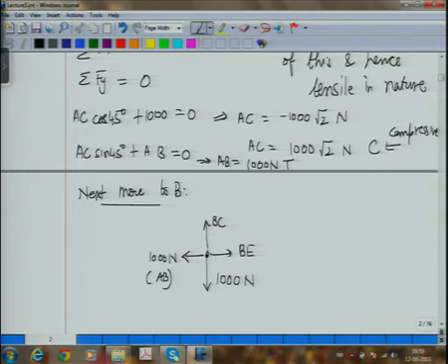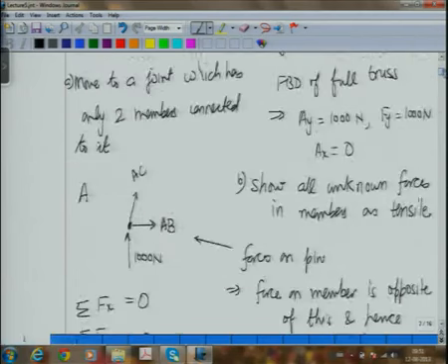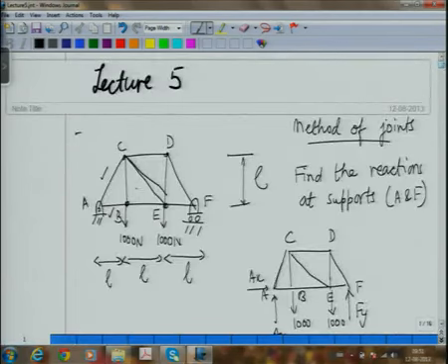And it is very clear what we have is BC is equal to 1000 newtons and similarly BE is also equal to 1000 newtons, and both these forces being positive are tensile forces. Okay. So, now once again if I go back to the truss, I have now solved for BE and BC.